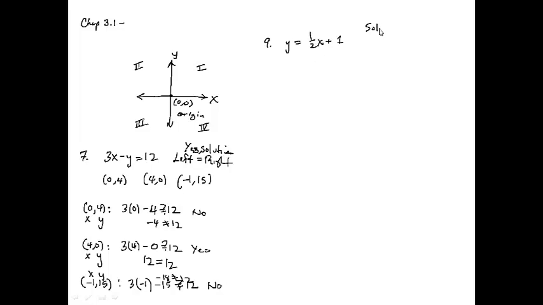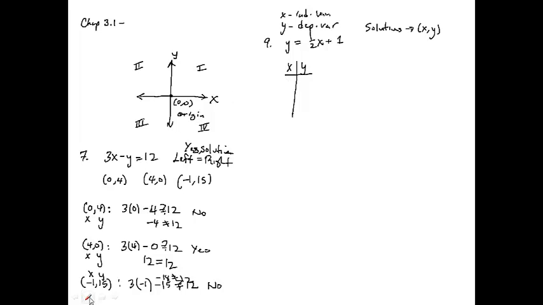So solutions is the same as saying points that go through, or points that are on the line. So I'm looking for x's and y's that work in this equation. Therefore, when I'm putting together my 5 solutions, I put together an x and y chart. Now x is the independent variable, which means you can choose it to be whoever you want it to be, and y is the dependent variable, which means it depends on x.